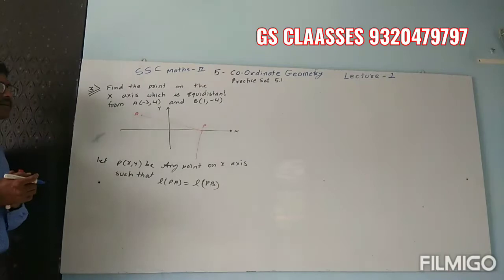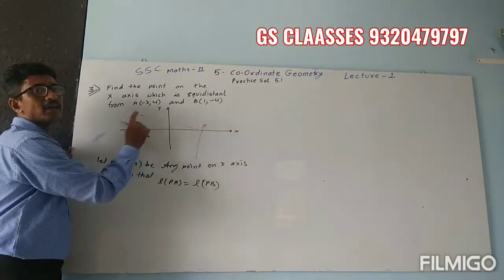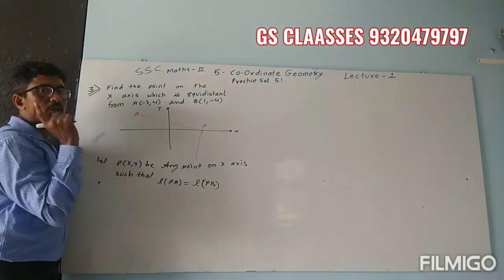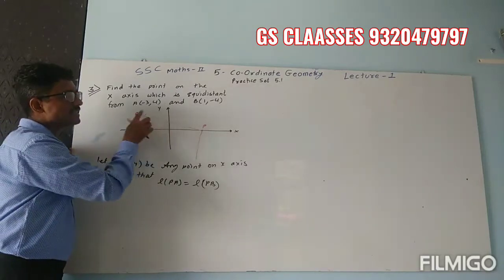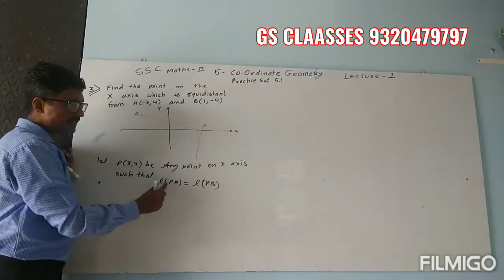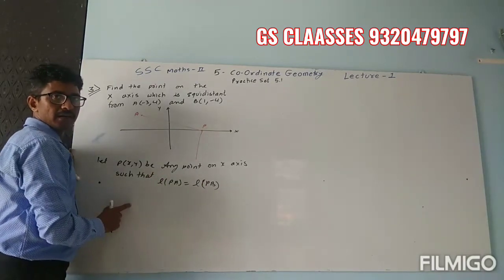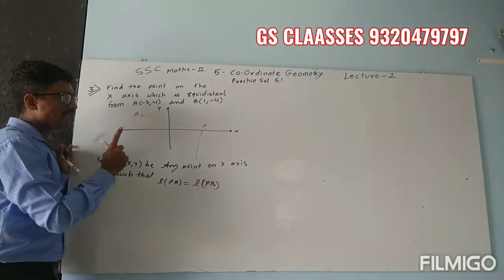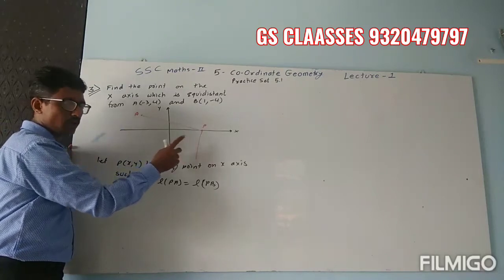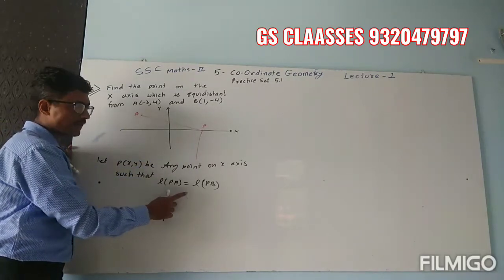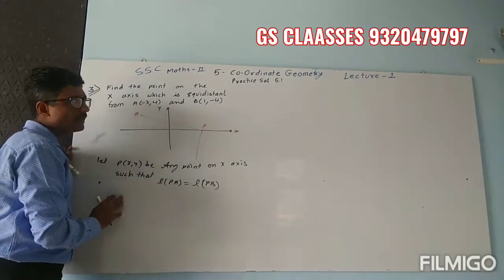They have given that the point P is equidistant. Equidistant means the distance is equal. Distance PA is equal to distance PB. If both the distances are equal, we can say that length PA equals length PB.